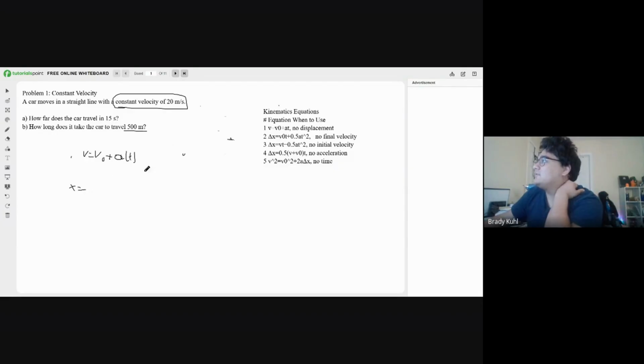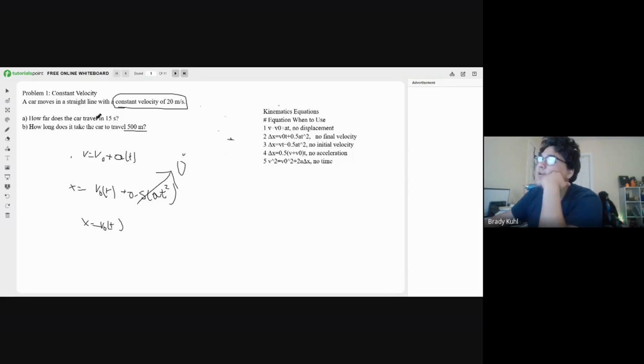X equals initial velocity times time plus one half A T squared. A is 0, so that term goes to 0, and now we have X equals initial velocity times time.